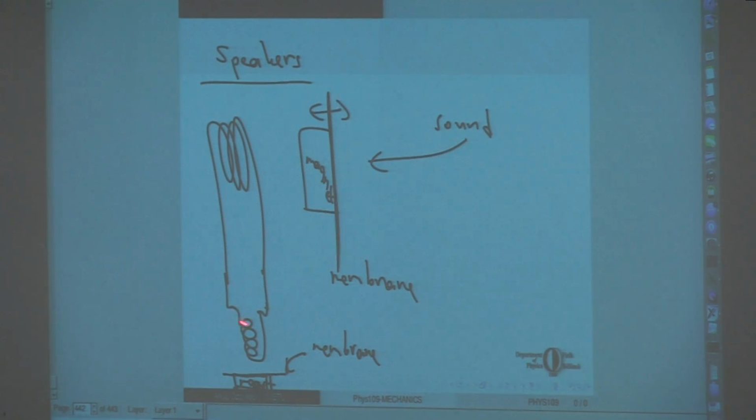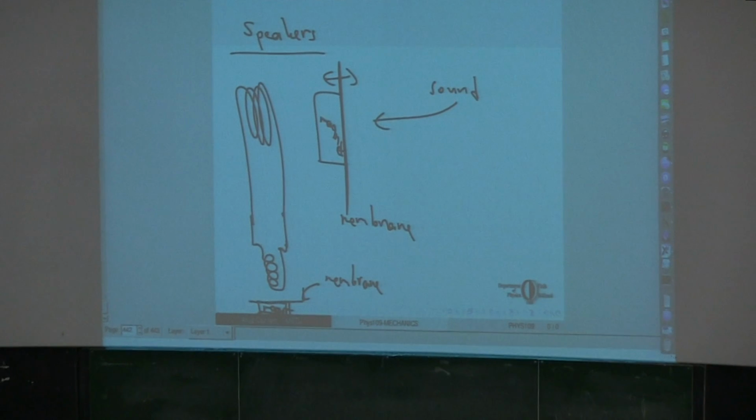It will start a current running in the circuit at the same frequency, but that means there will be a time-dependent magnetic field over here with the same frequency, and this magnetic field will be attracting this magnet over here. And that force will change with the same frequency. But this magnet is attached to the membrane. So this membrane will be vibrating at the same frequency as the sound wave that hit the first membrane, which will cause vibrations in air which we interpret as sound.